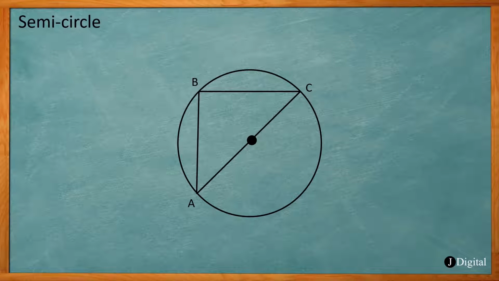If an inscribed angle intersects a semicircle, the angle is a right angle. Basically, the diameter of the circle cuts the circle in half. That's a semicircle, and that angle here will be a right angle.